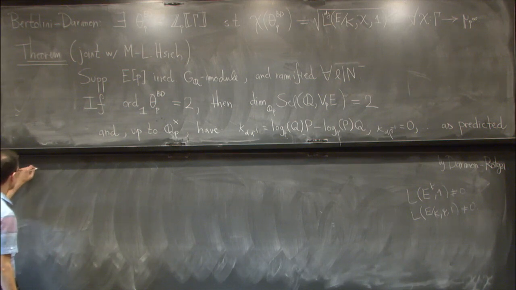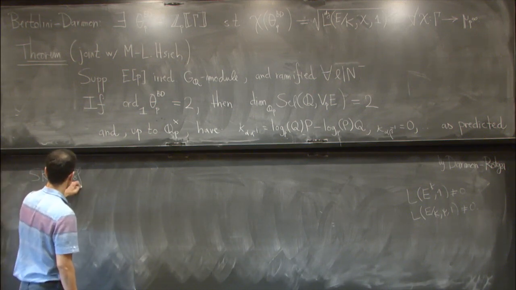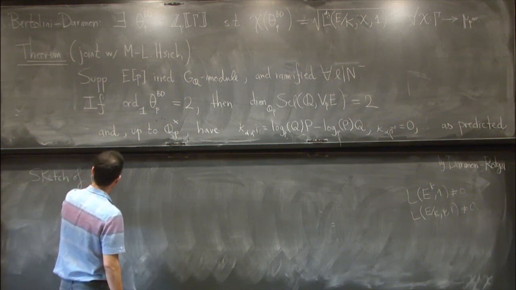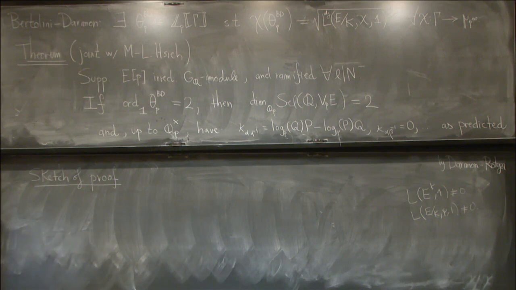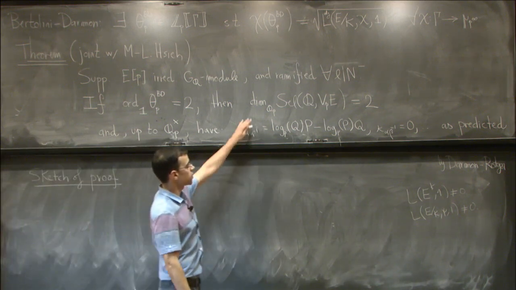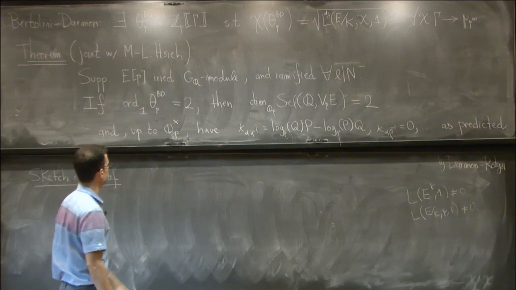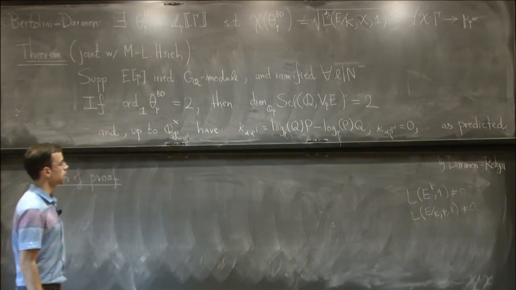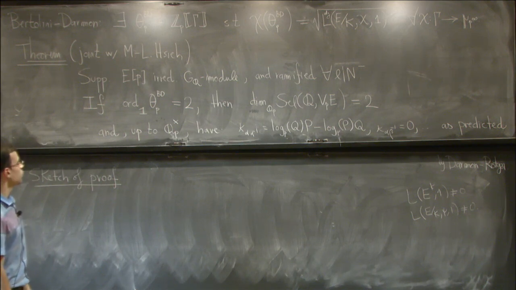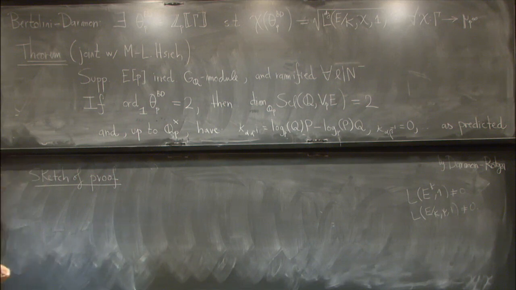Okay, so let me sketch the proof. The main idea is that, first of all, this equality will be an easy consequence of the main conjecture. What's going to take most of the work is establishing this equality, and that will be obtained by computing this second derivative at the trivial character in 2 different ways.